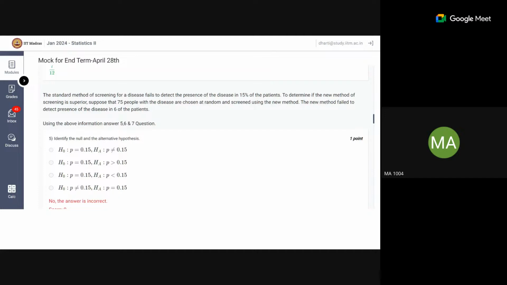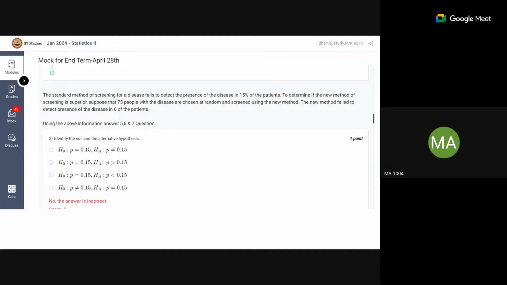And the first question says to identify the null and alternative hypothesis. So just tell me which parameter we are going to check here, and against what we will be testing. They say the standard method of screening for a disease will fail to detect the presence of disease in 15% of the patients.